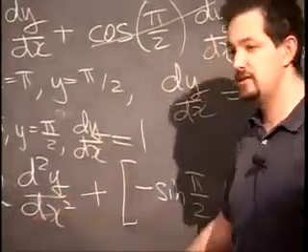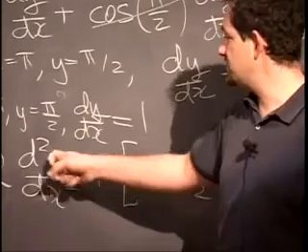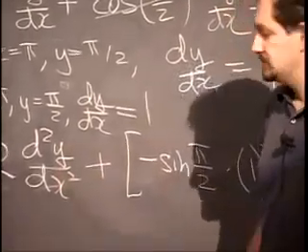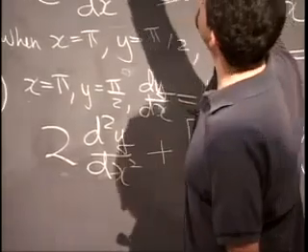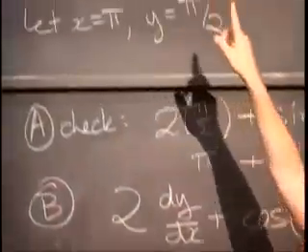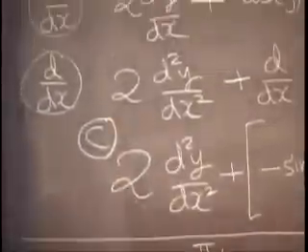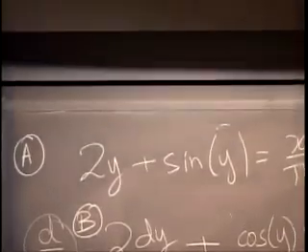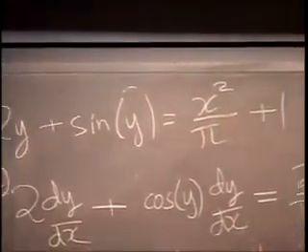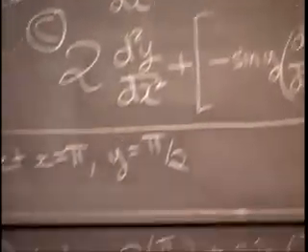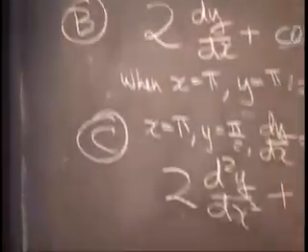This big 2 here? That 2 has just propagated its way all the way down. The original equation was 2y all the way at the top there. So the derivative was 2 dy/dx, and the derivative of that was 2 d2y/dx squared. It has nothing to do with the second derivative. The 2 was just a constant that carried on.